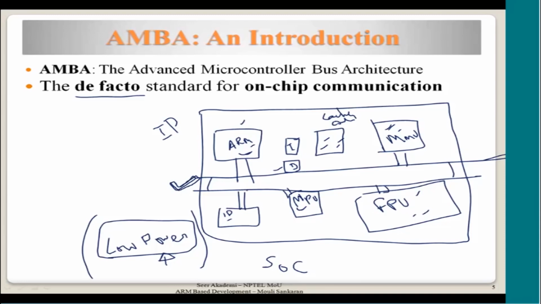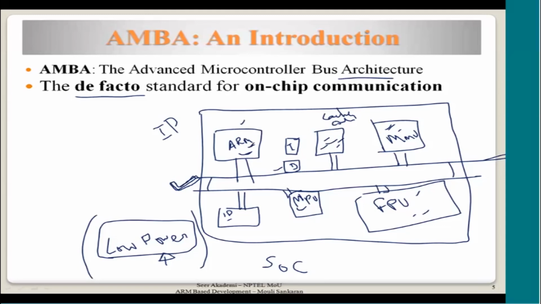And it became a de facto standard. It's not that this is the only standard; there are other standards from other companies too. But for the ARM products, ARM modules, the AMBA architecture specification is an open standard, which can be used not only to connect modules coming from ARM.